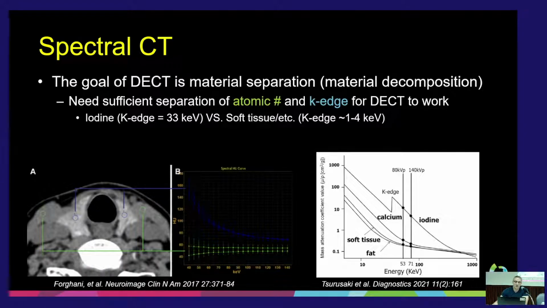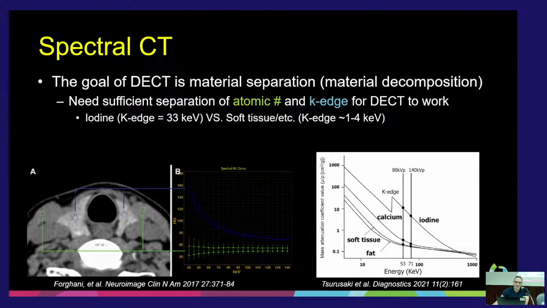The way dual energy CT works, as I mentioned, is you need to have a sufficient difference in atomic number and the K edge. So that works great for things like iodine, because iodine is pretty darn different than, say, calcium down here, and definitely soft tissue. Now, calcium is still sufficiently different than soft tissue, but down here, you got soft tissue such as muscle and whatnot, and then fat. There's very little difference down there.